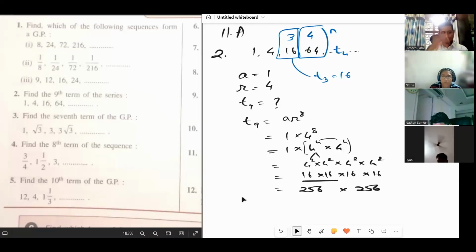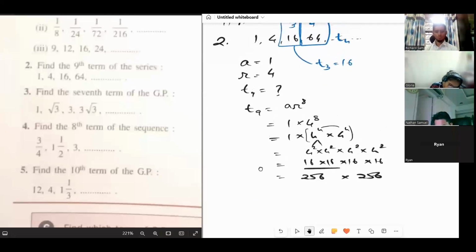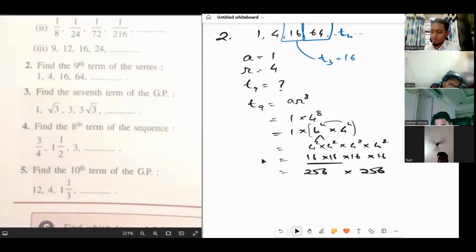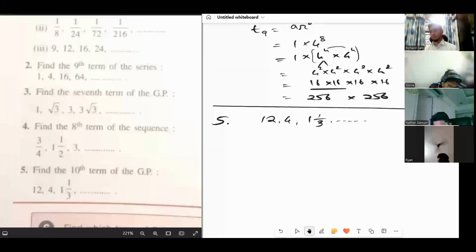But it's similar questions are there. Do this. Do fifth.